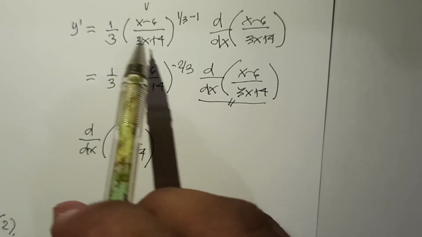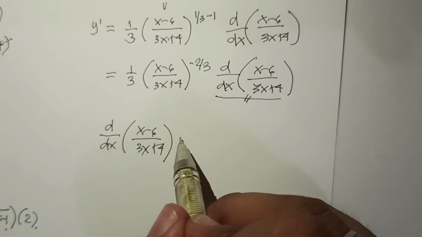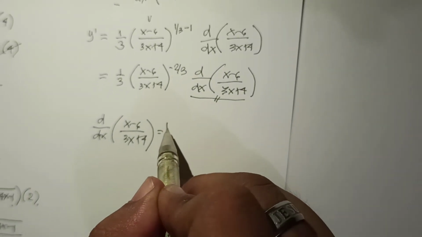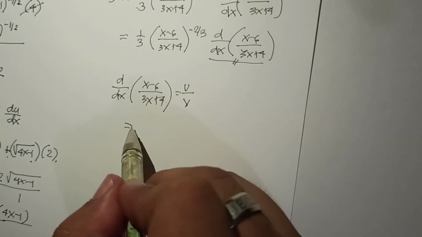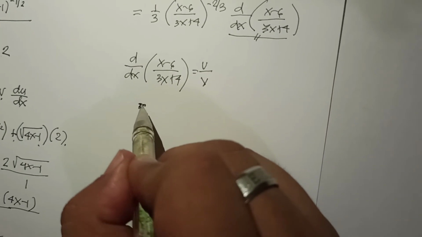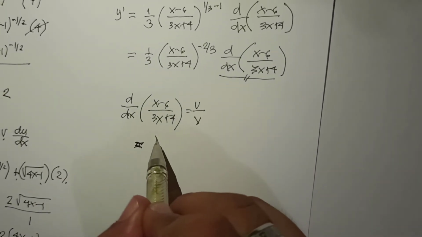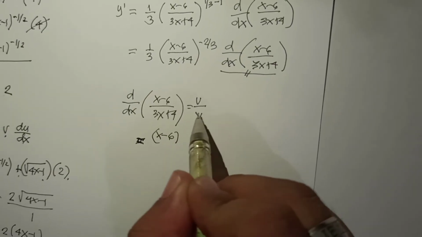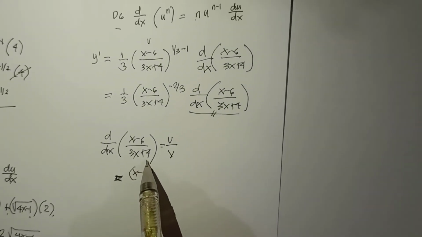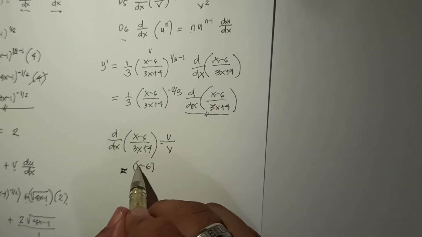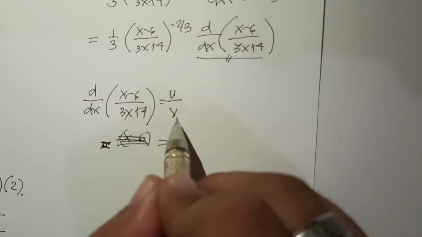So the derivative with respect to x of x minus 6 over 3x plus 4. By the use of D5, so v du minus u dv over v squared. So let us assign first, this is our u over v. So what is our u? We copy x minus 6 here. First, this is our u pala, and this is our v.